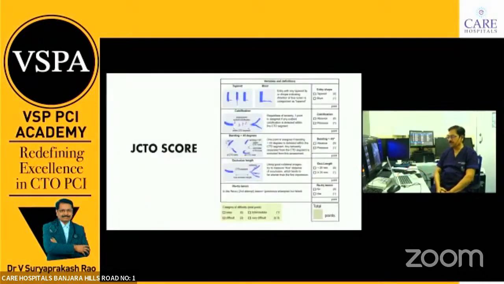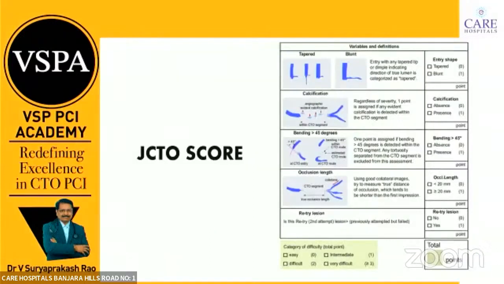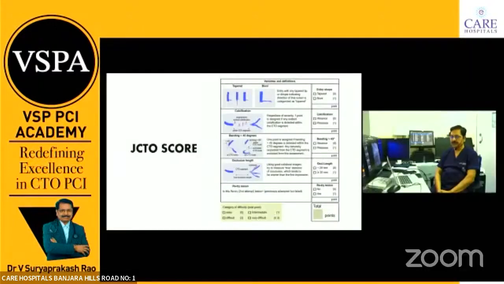This is the J-CTO score, which everybody knows. It is based on the stump, whether tapered or blunt tip, the calcification, the bend more than or less than 45 degrees, occlusion length more or less than 20 millimeters, and retry. In dedicated centers like ours we have many retry cases, so naturally the J-CTO score increases.